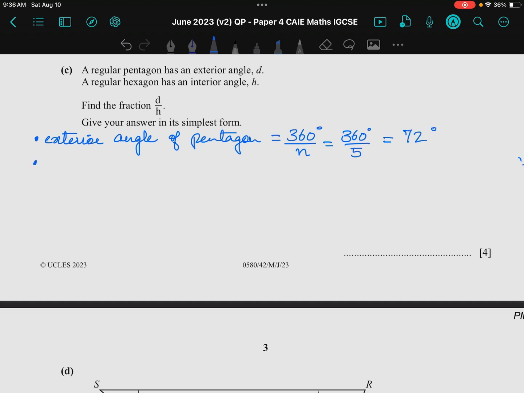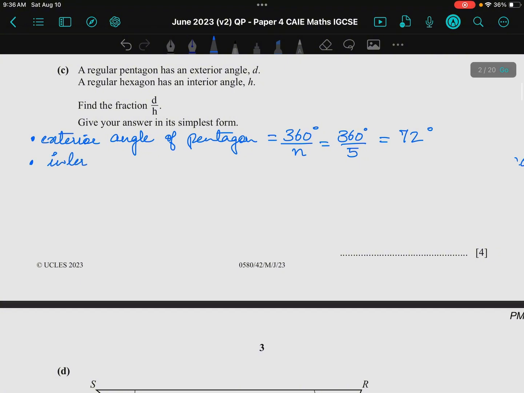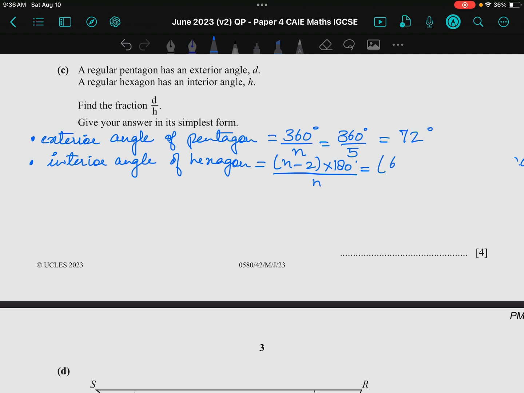Second point, interior angle of hexagon. Formula n minus 2 multiplied by 180 degrees divided by n. So putting the value for n, which is 6 in case of hexagon, 6 minus 2 into 180 degrees divided by 6, giving back answer as 120 degrees.